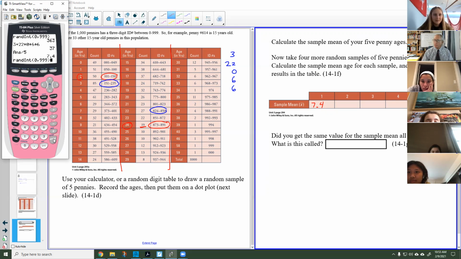Wait, so we're starting with the 5 we already did and finding the mean and then doing it 4 more times? That's correct. 4 more times.